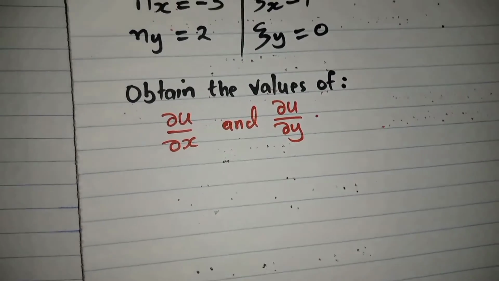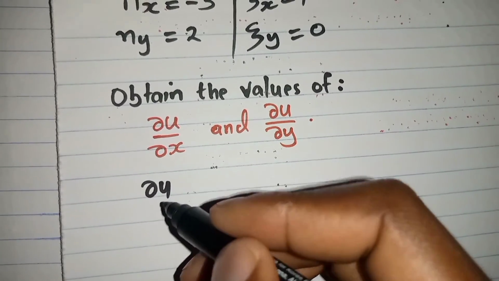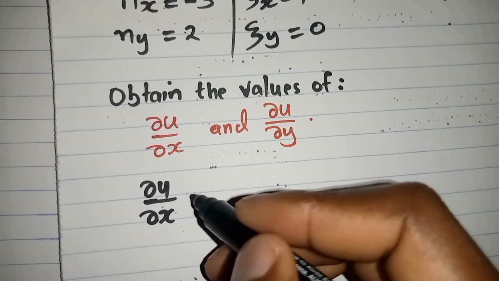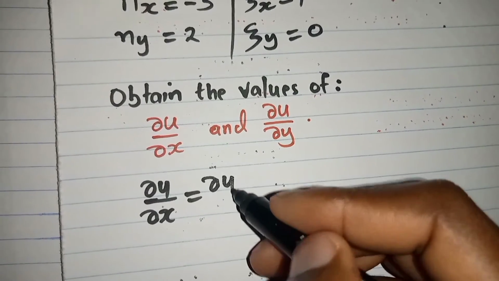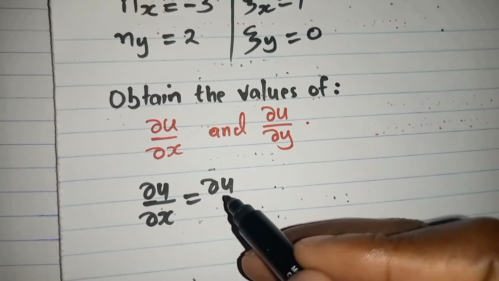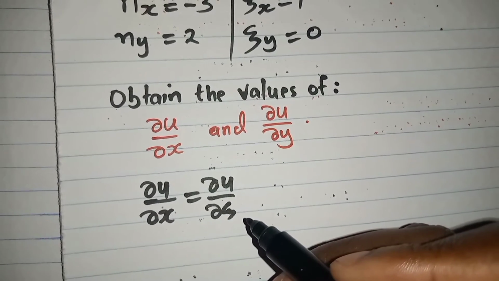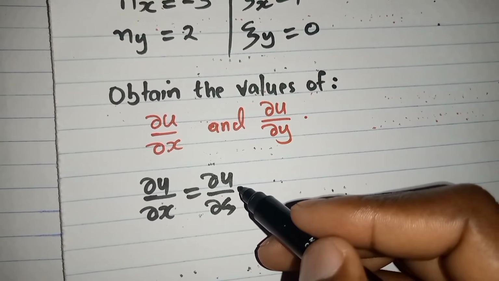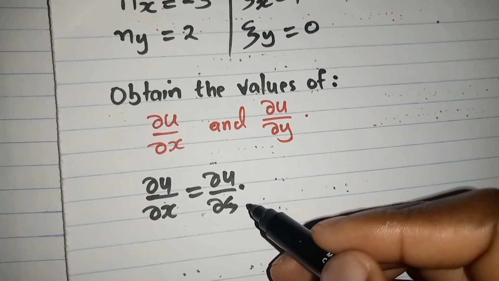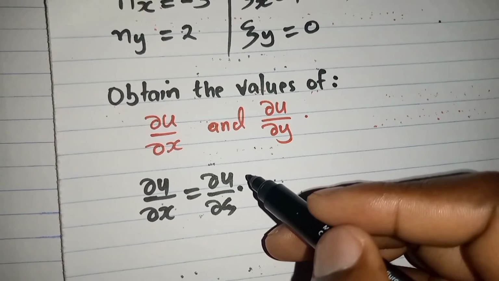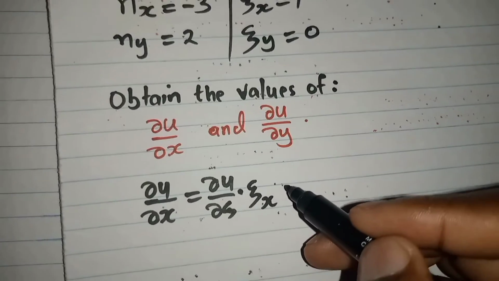And so the partial of u with respect to x will be equal to the partial of u with respect to xi, multiplied by the partial of xi with respect to x. But instead of writing the partial of xi with respect to x, we said we will write xi x.